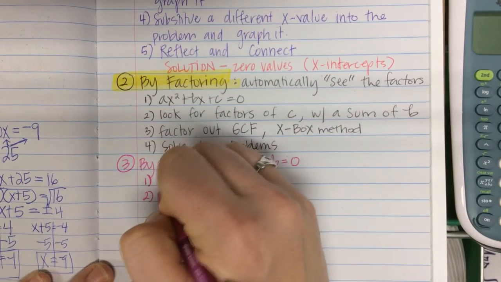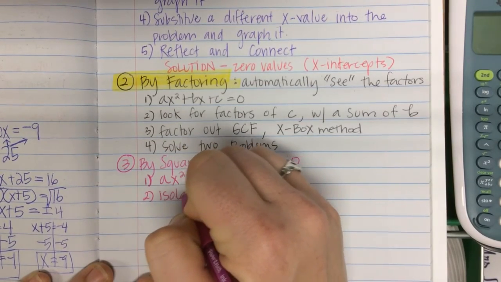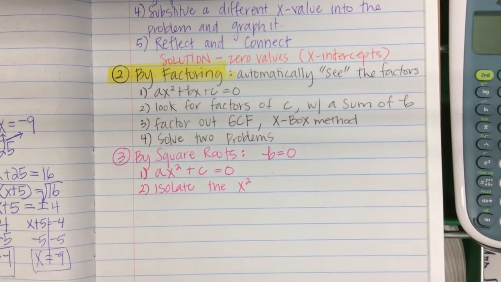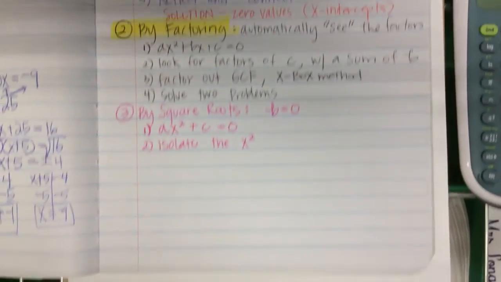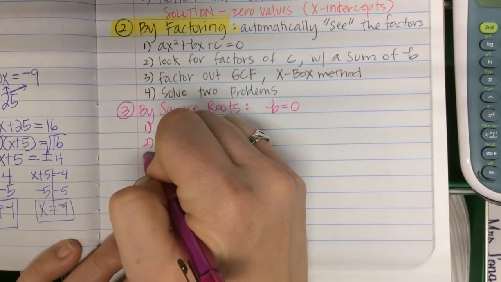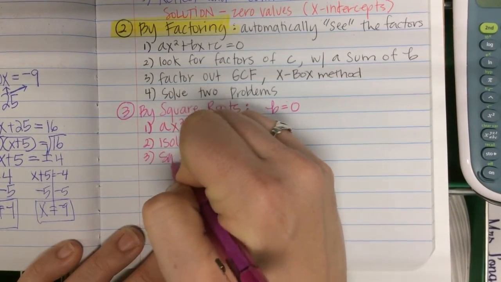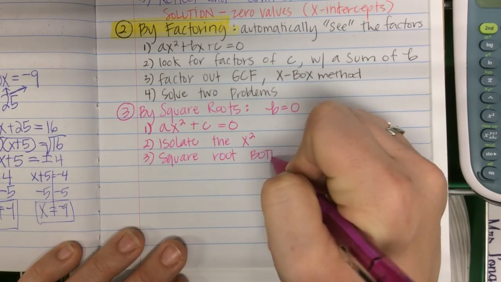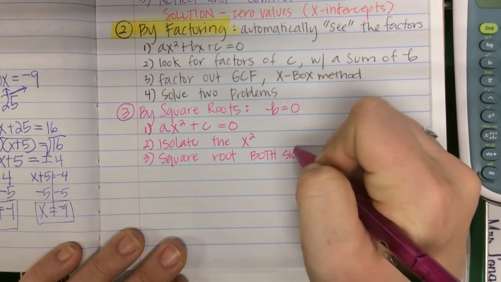So what we do is we isolate the x squared. What does that mean? Get it by itself, inverse operations. Isolate the x squared. We square root both sides.